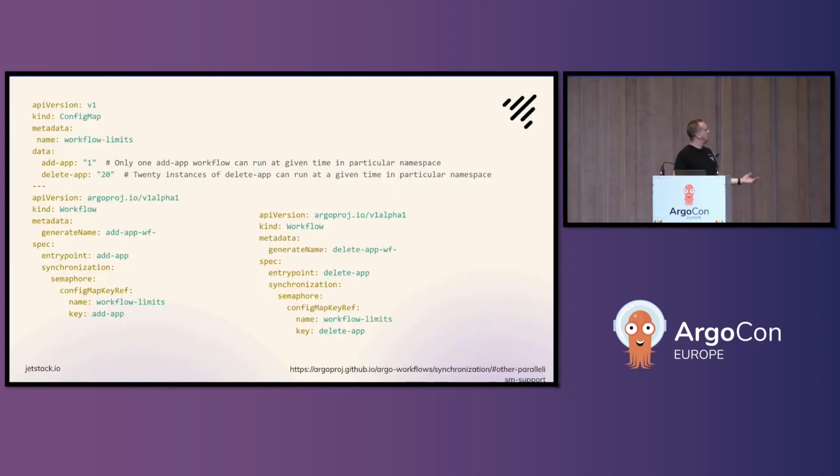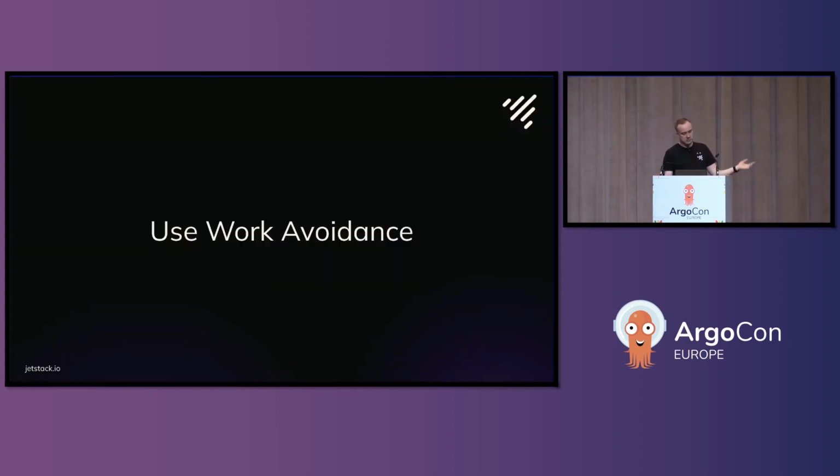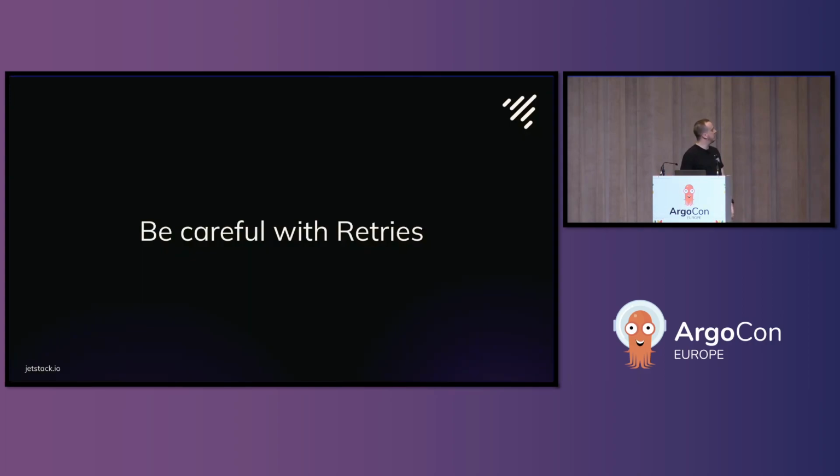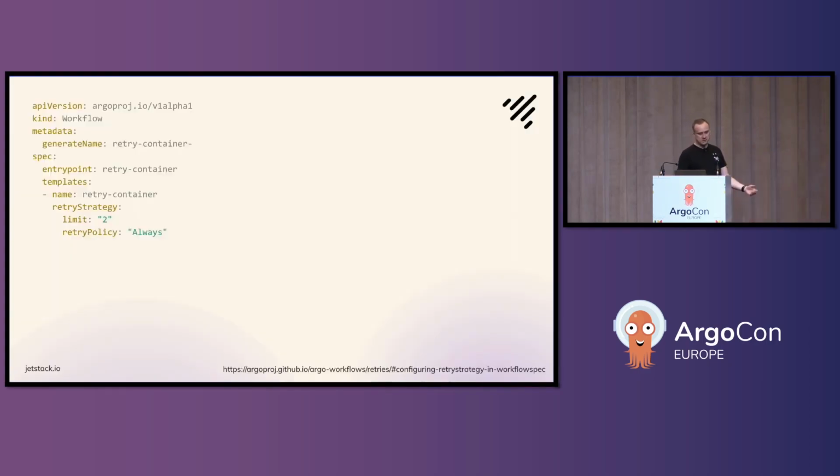Semaphores, so we can make sure that only 1 add app is running at a time, but 20 deletions, or vice versa. Using work avoidance where we can as well. We had a lot of workflows that were doing work that we didn't need them to do every single time. Be careful with retries as well, because we had our whole Doom Loop from retries.